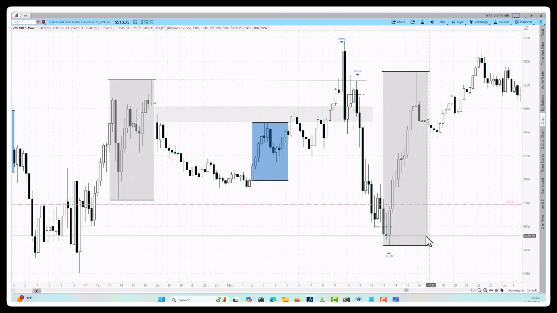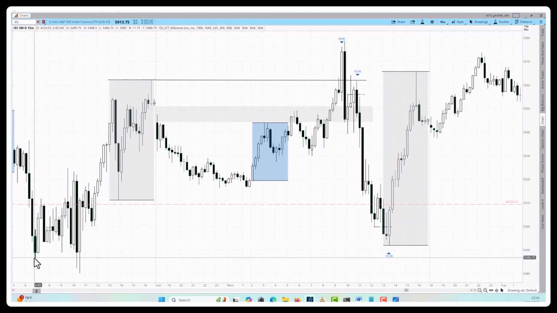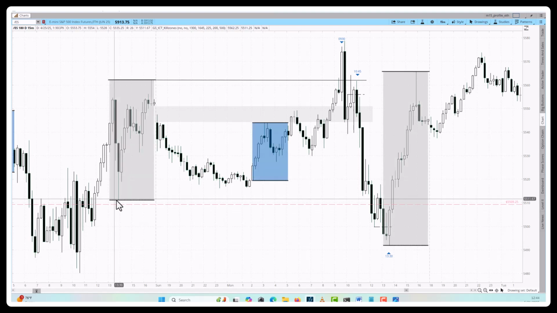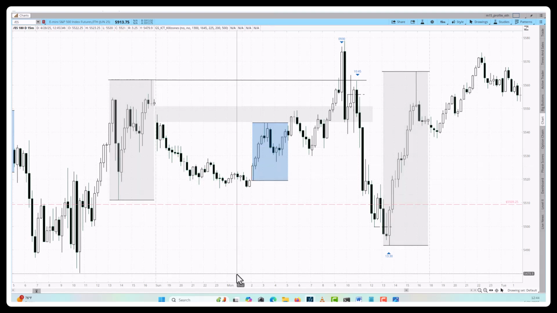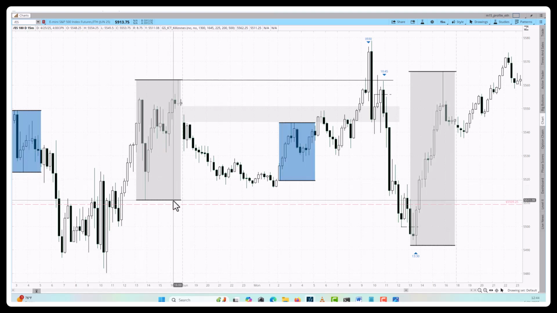So right here, right? Exactly. It did not trade the low of the prior day, but it did trade the prior day PM. So at least it gives us some liquidity raid.